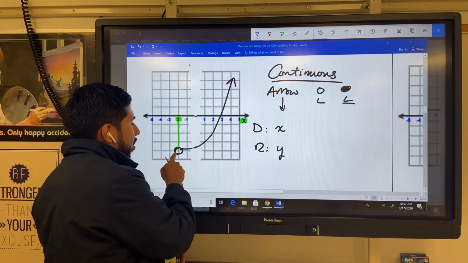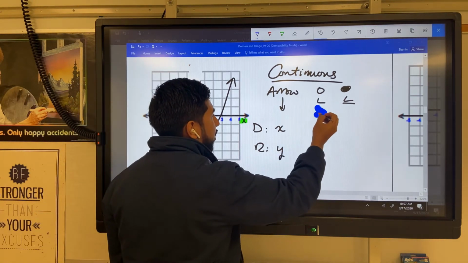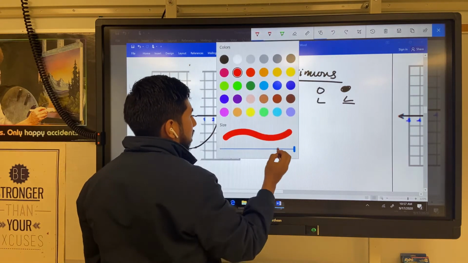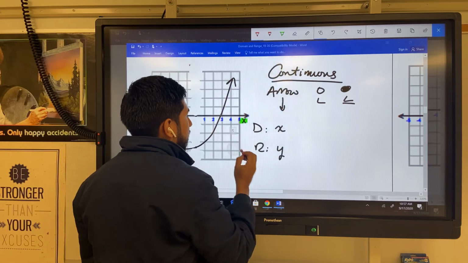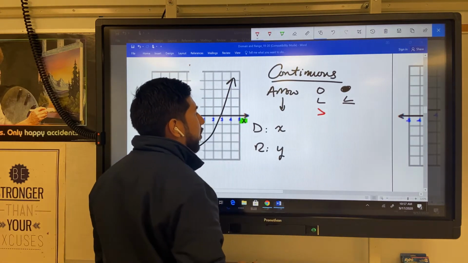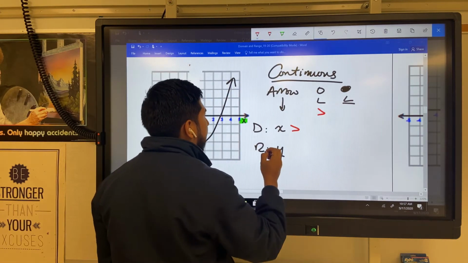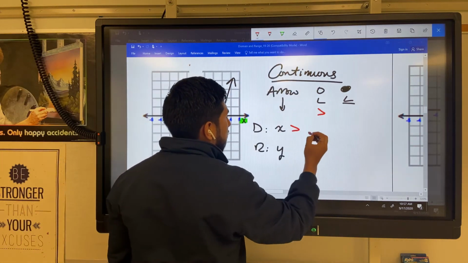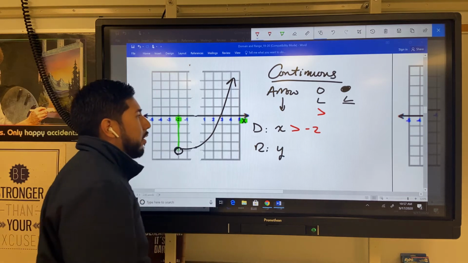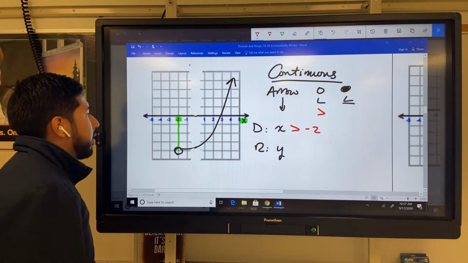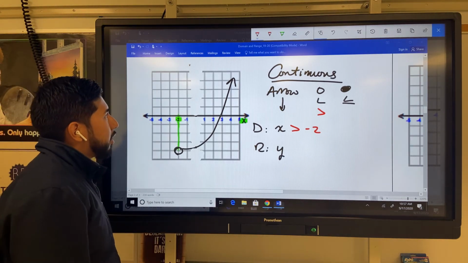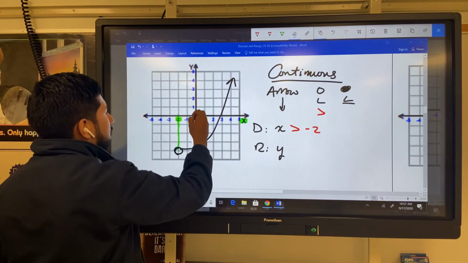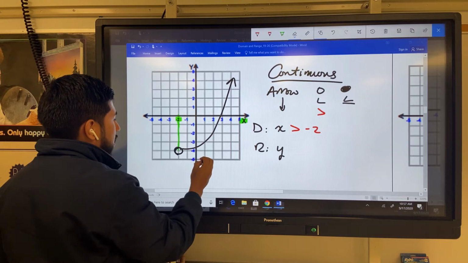And because it's open, I need to make sure I do the correct symbol. I know it's a lot of stuff I have to do here. A greater than symbol. So x is greater than, what's the number? -2. Boom. There we go. And then we do the range real quick. So now I get to erase all the beautiful stuff. Cool.